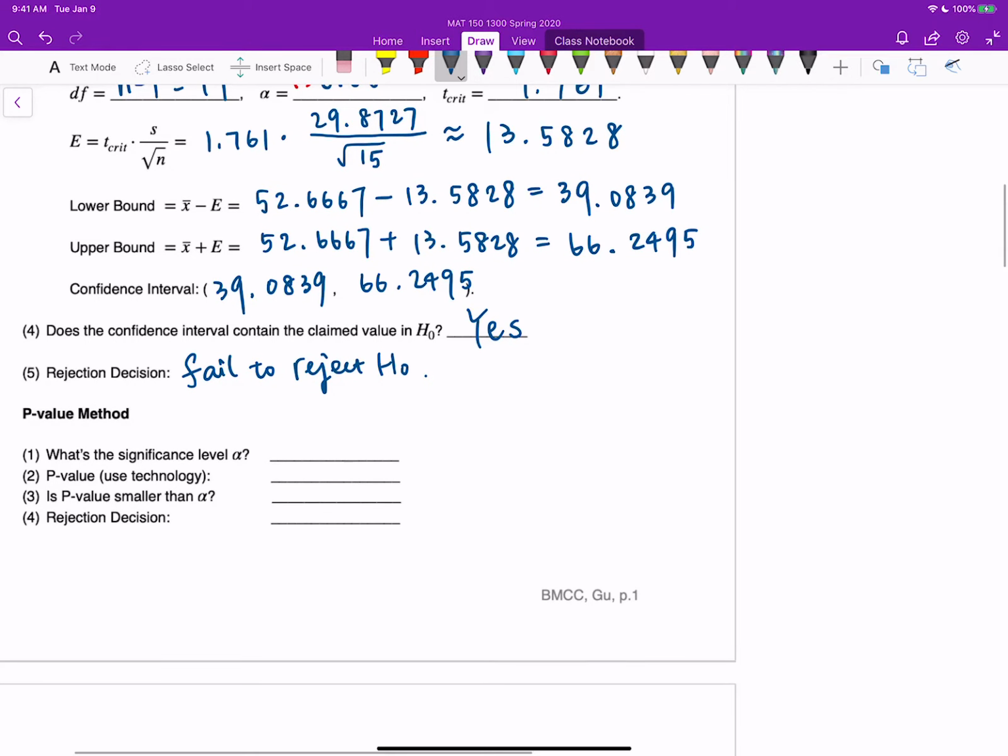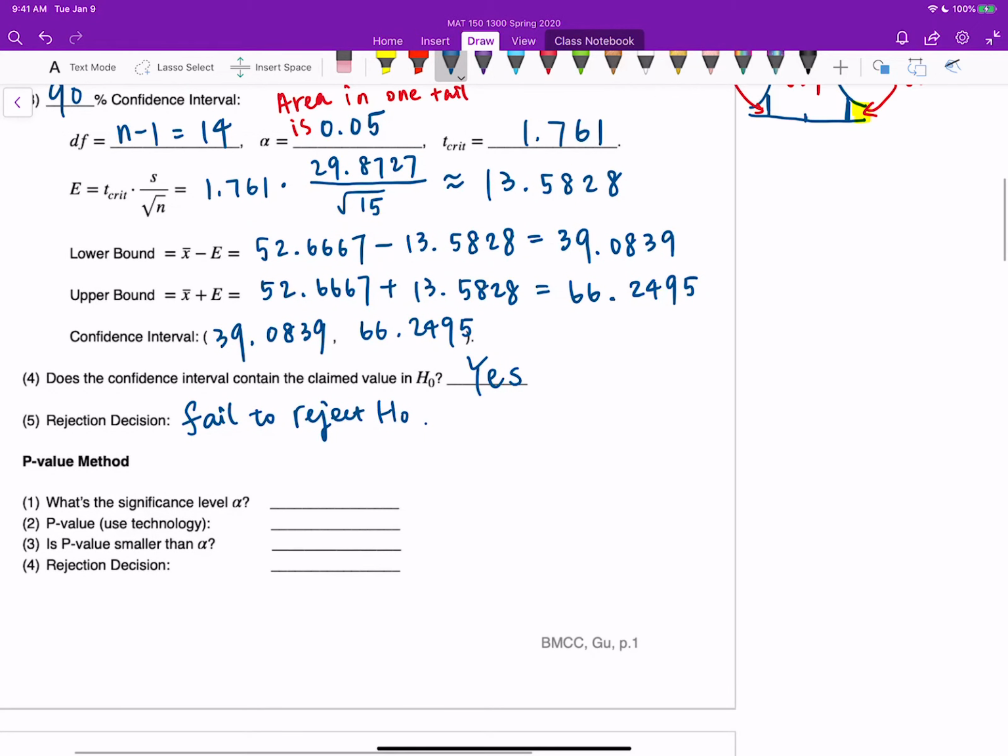The p-value method is relatively easier as long as you have access to either technology or z-table. So I'm going to give you the p-value for this one right away. The p-value for this one, if you calculate, is approximately 0.1686. And again, I use technology to calculate, so it's pretty easy to display.